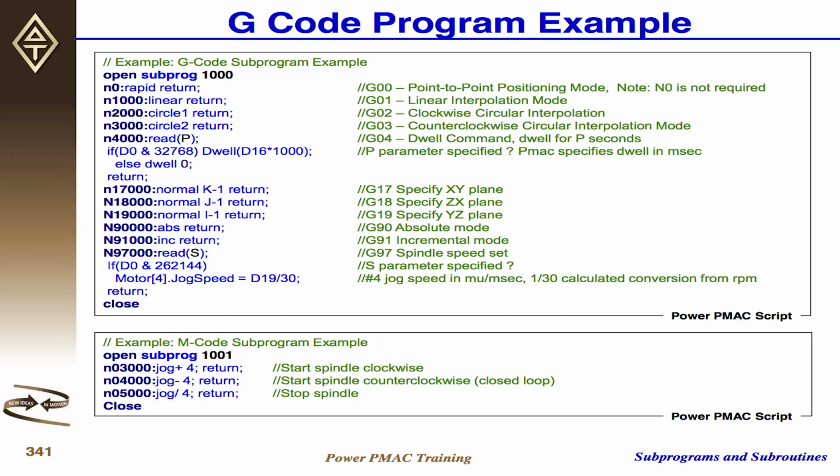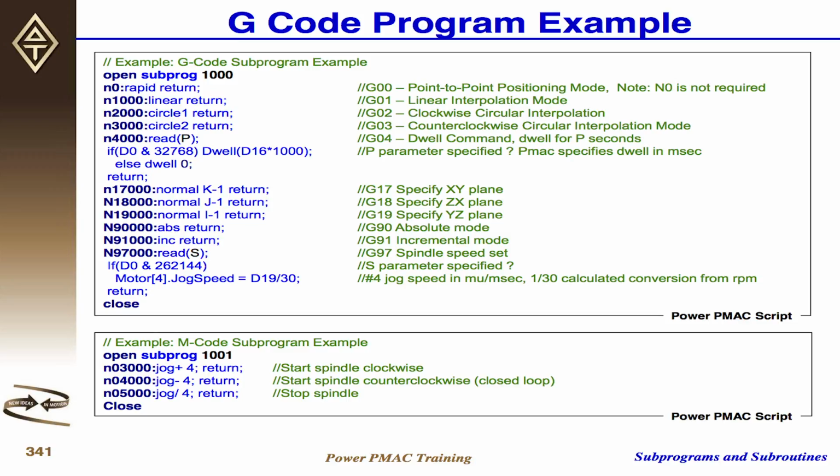It's going to open subprogram 1000, and G01 times 1000 is the line number 1000, right? So it's going to go to line N1000. Now you're introducing the linear command. That's the PMac command, right? So now you're putting the machine into linear interpolation.